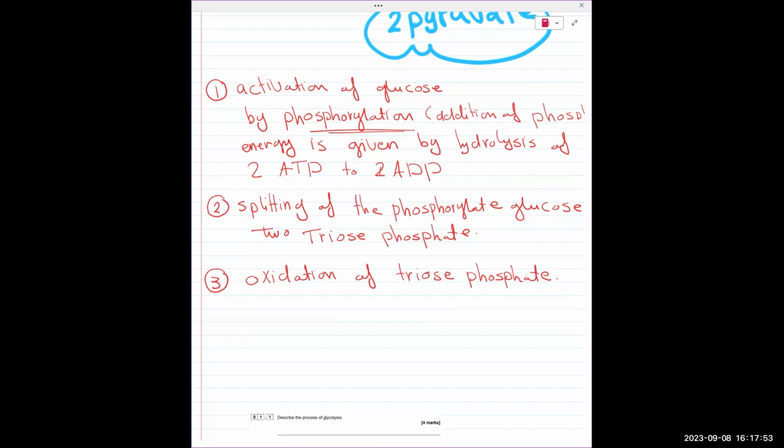In that oxidation, hydrogen is removed, because we gave already the definition of oxidation as loss of hydrogen. So hydrogen is removed from each one of the triose. Each triose will lose 1 hydrogen. That's why 2 NAD will be reduced and give me 2 NADH.